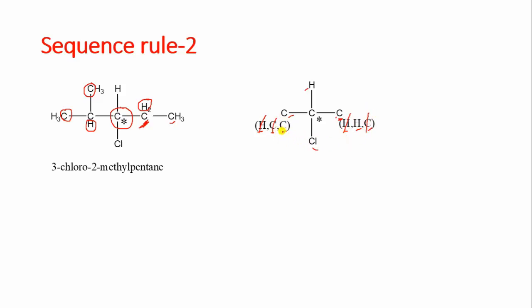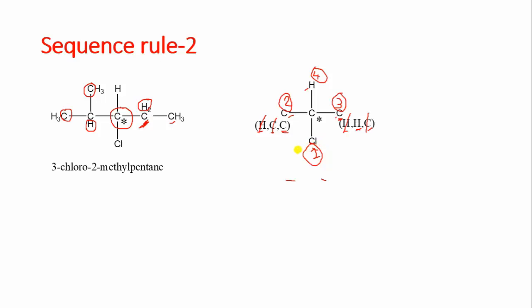So the remaining atom here is carbon and here is hydrogen. Carbon has a higher priority than hydrogen because carbon has atomic weight 12 and hydrogen is 1. So chlorine is the highest priority, number 1, then second, then third, then fourth.